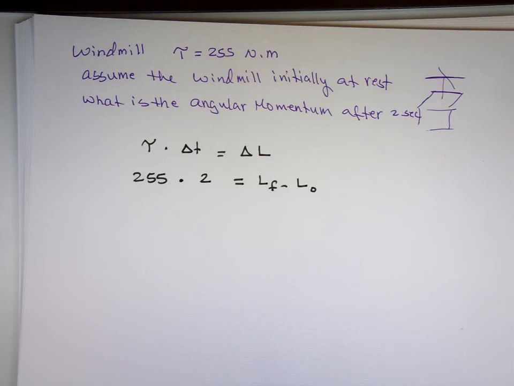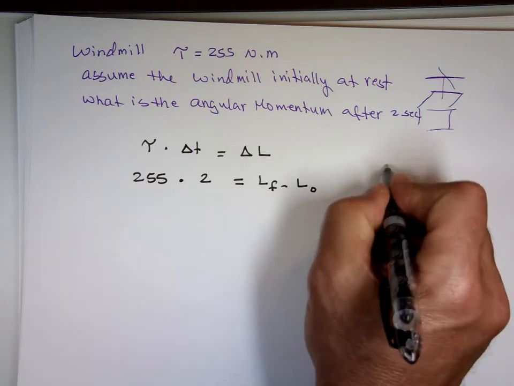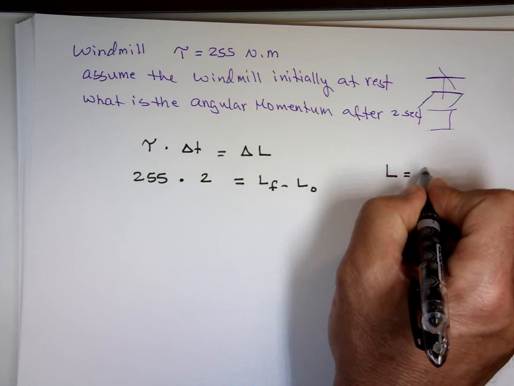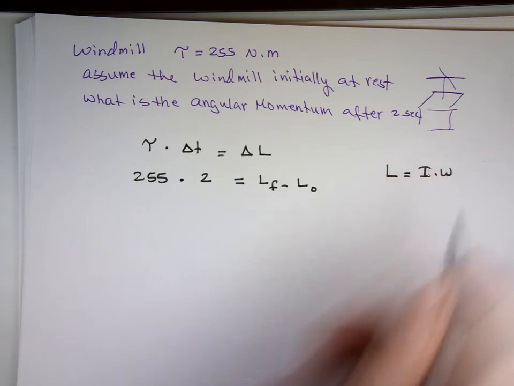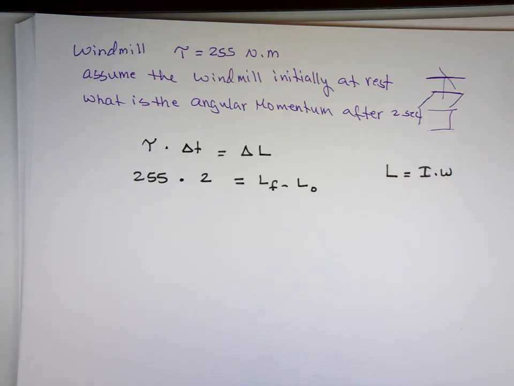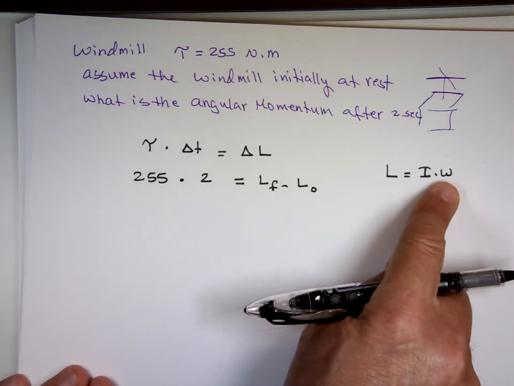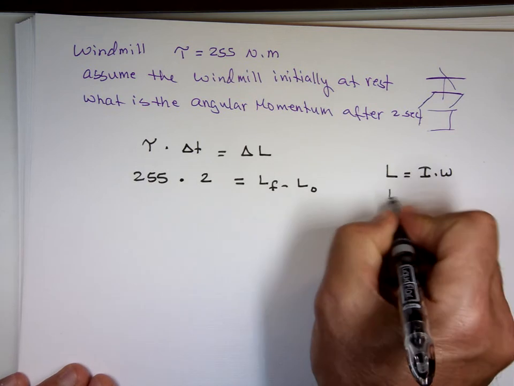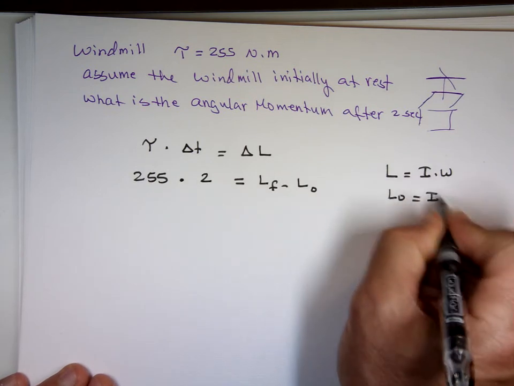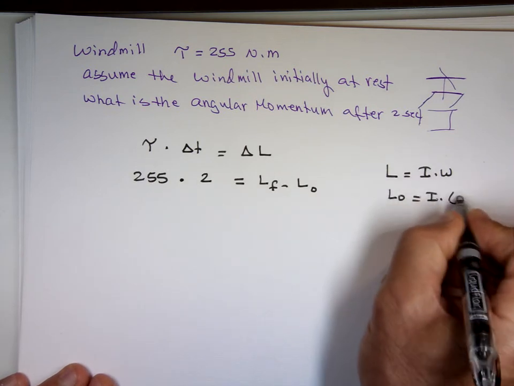Well, L is what? We said I times w. The first thing we said today: angular momentum is I times w. If it's initially at rest, what was w? 0. So the initial one was I, whatever the inertia, I don't care about the inertia, times 0, which is 0.